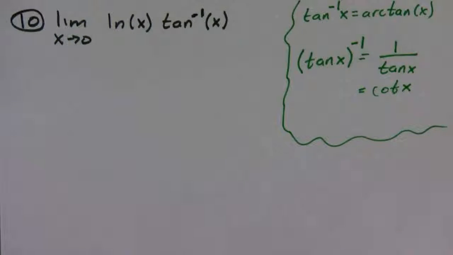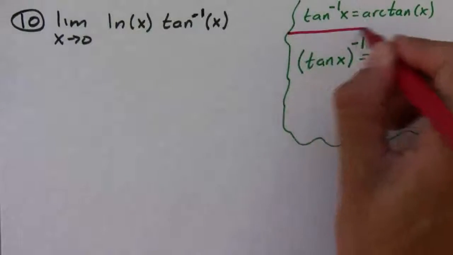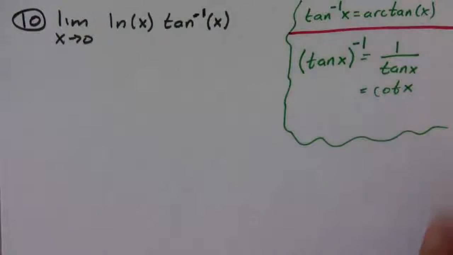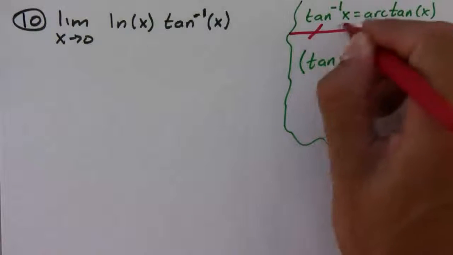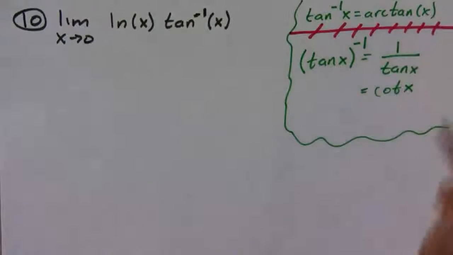And these two are very, very different. So you need to make sure that you don't make that mistake of confusing these two. Okay, so that allows us to get the problem started.